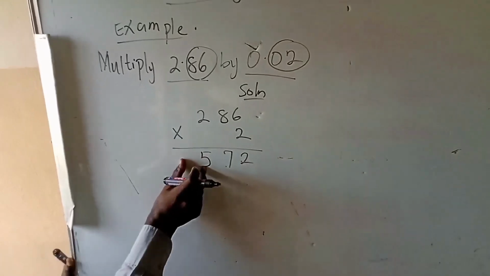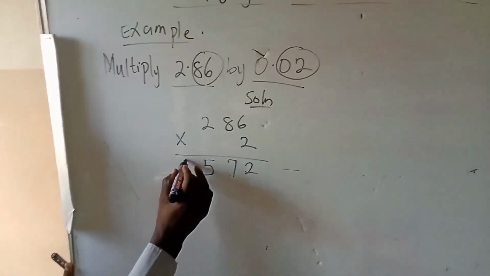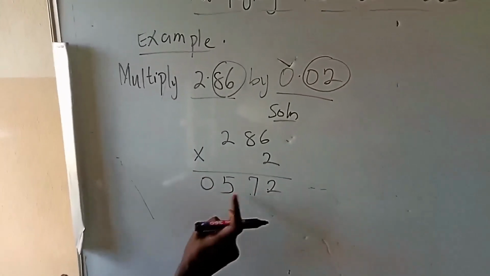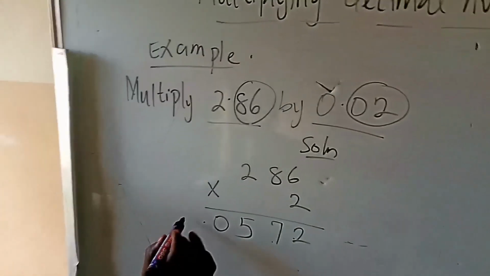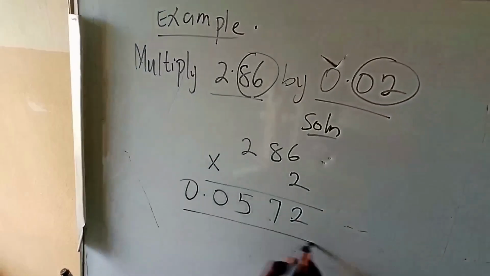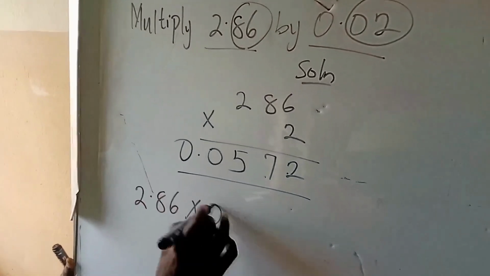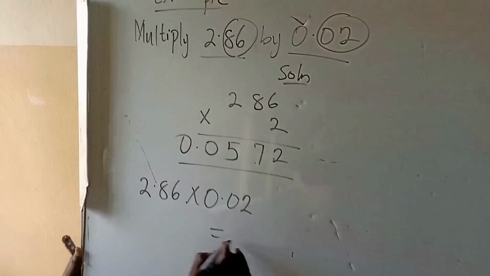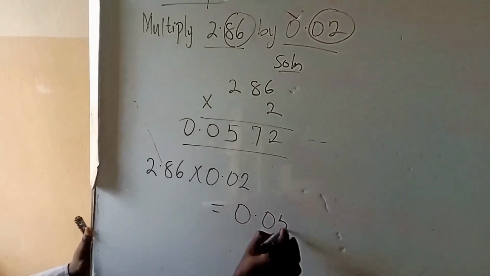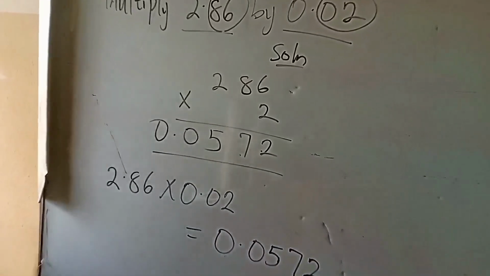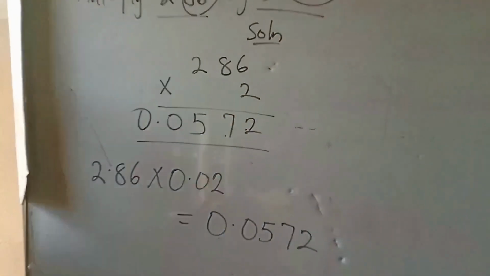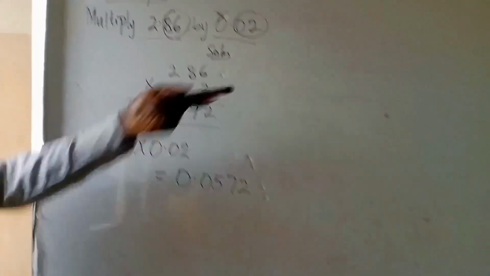There is no fourth value here, so you replace it with 0, making 1, 2, 3, 4. You put your decimal point here, then your 0 will be here. So 2.86 times 0.02 gives us 0.0572. You can take your calculator out to cross-check the answer.